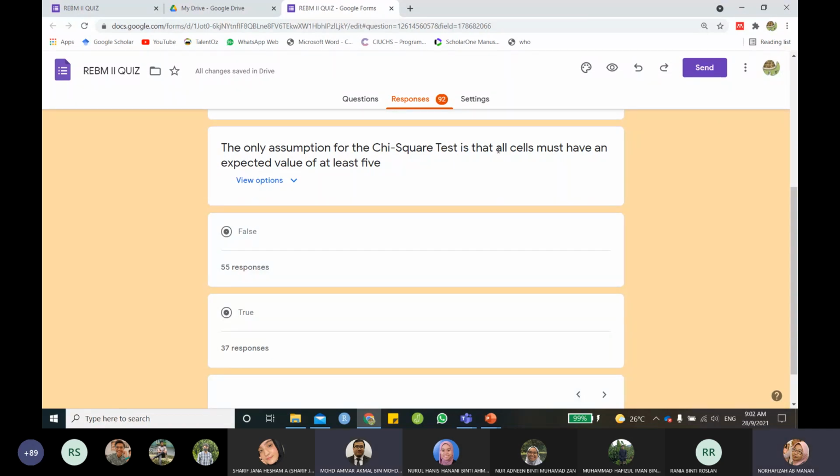Not all cells, because all cells means 100%. So not more than 20% of cells can have an expected value less than 5, meaning 80% of the cells must have an expected value of at least 5. You understand that? Yes.